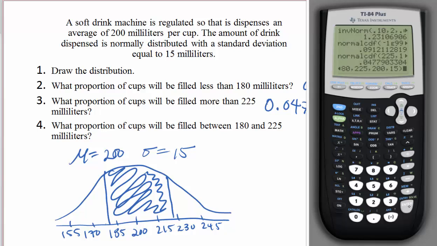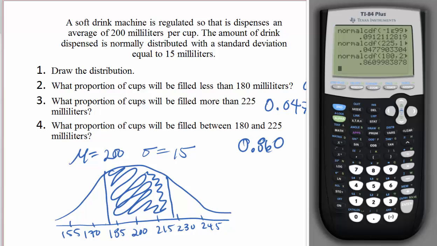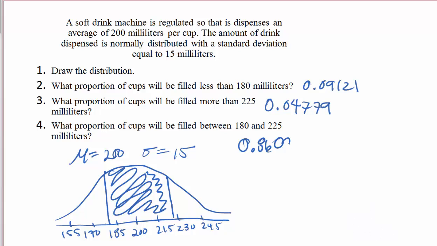Go ahead and press enter, enter, and sure enough, we get a proportion of 0.0860998. And of course, you could round this to just probably 0.86 would be fine. All right, and that's how we solve these three questions using our TI-84.